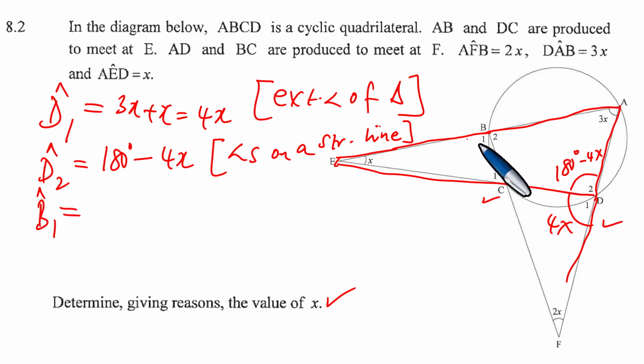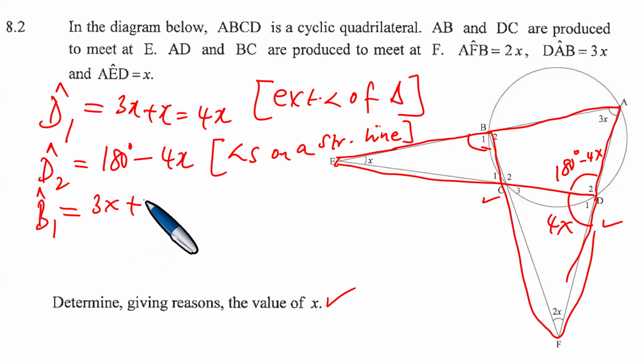This angle B1 can also be seen as an exterior angle of this triangle that goes down like this. So the angle B1 is 3x plus 2x, which means that it is 5x.